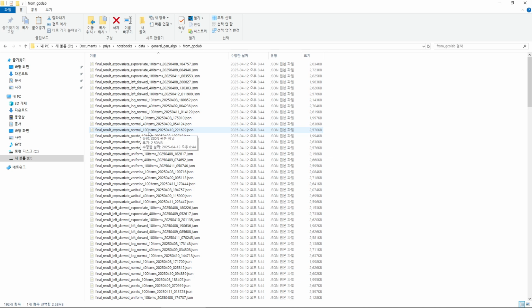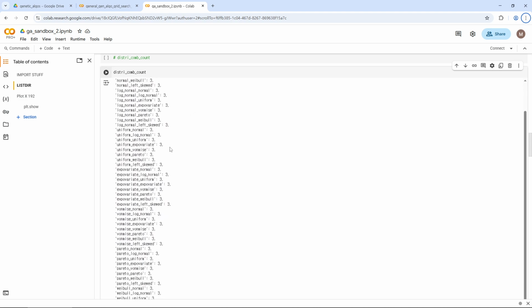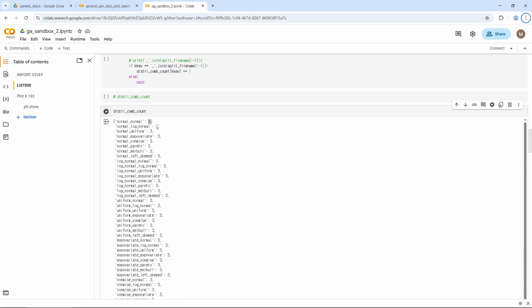So that's 64 times 3 is 192, and this whole process was just to make sure that I have 3 JSON files per distribution product.